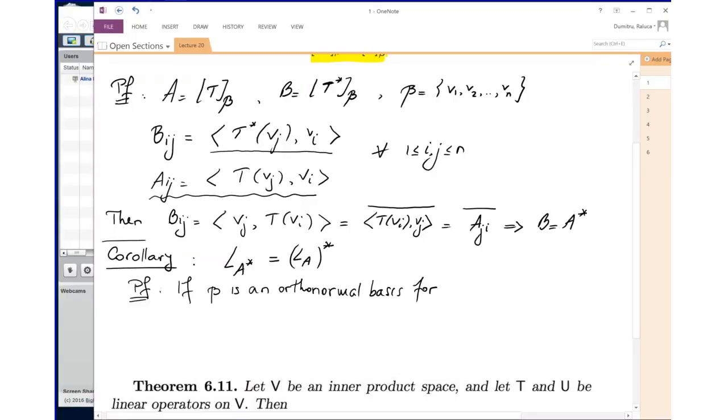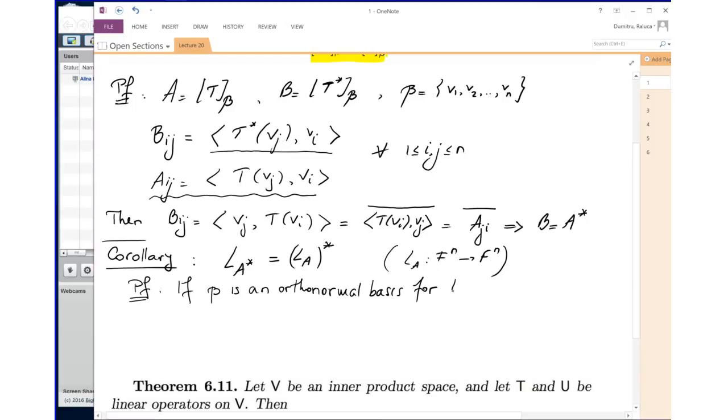If you have an n by n matrix A, left multiplication by A would act on Fn. Right, because you multiply by an n by 1 vector, and you get an n by 1 vector, so an n tuple in Fn.